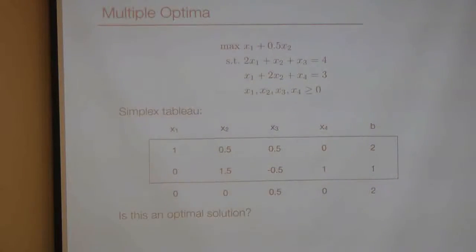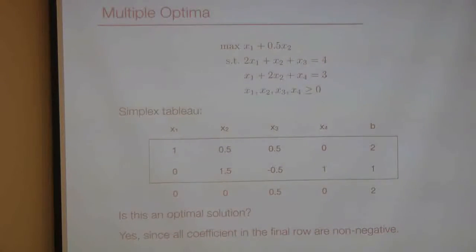And now we can perform classification of the solution. So first of all, is this an optimal solution? For that we have to look at the coefficients in the final row. If all of them are positive, then we know that we have found the optimal solution. Okay, so here the solution is optimal because all coefficients are positive.